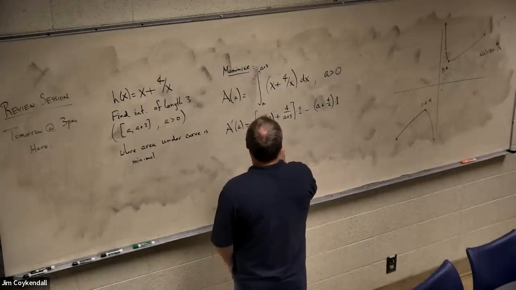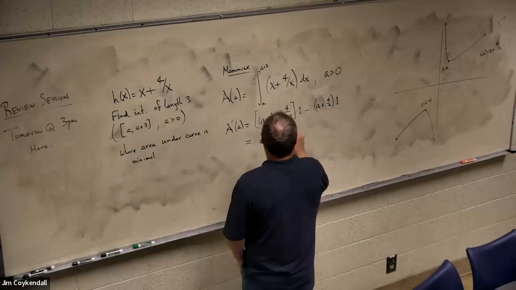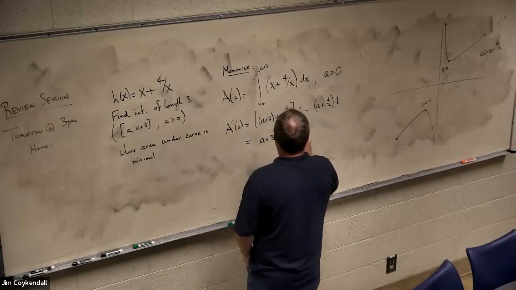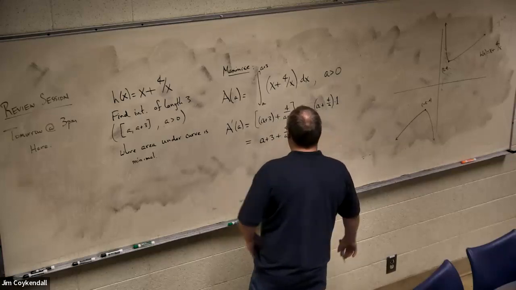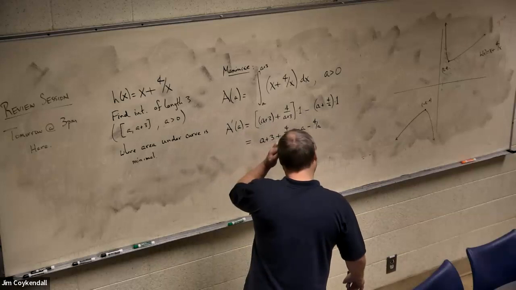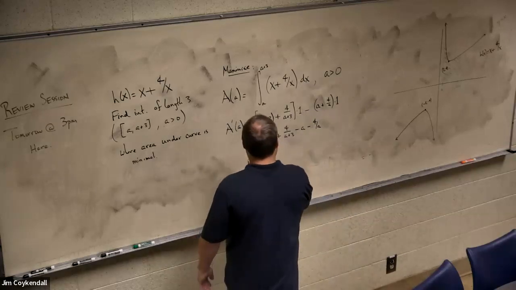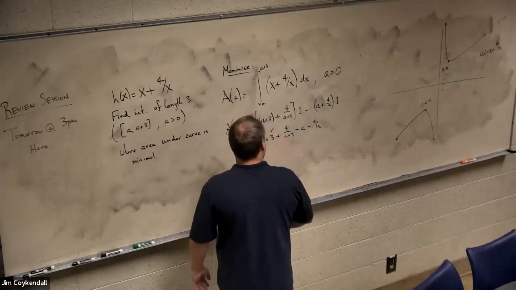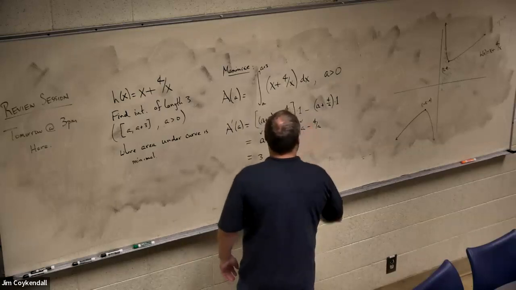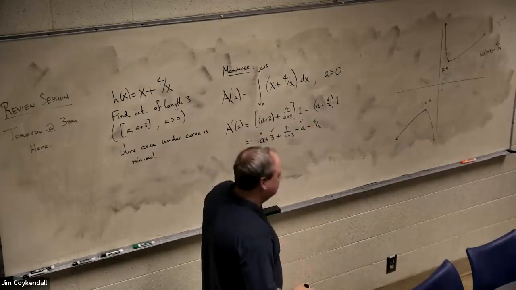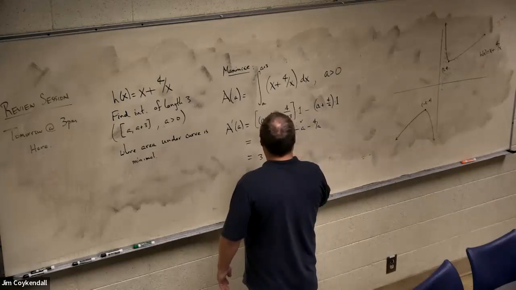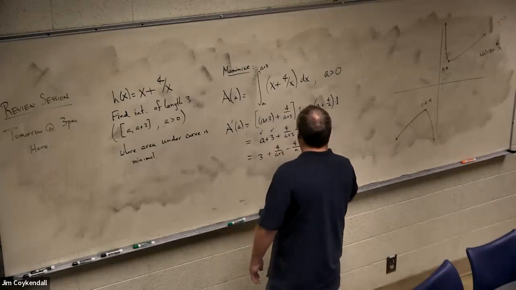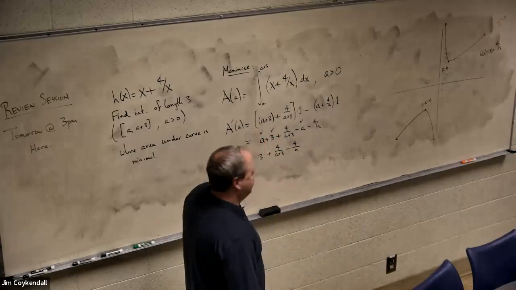Straighten this all out. A plus 3, 4 over A plus 3, minus A minus 4 over A. And let's see here. I've got 3 still hanging around. The two A's cancel further out. And I get this string that's here.